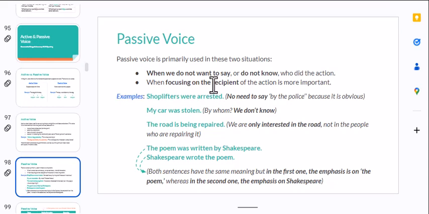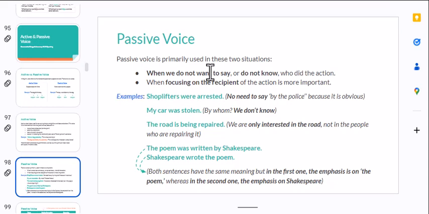The second is when focusing on the receiver of the action is more important. Let's take a look at examples, and this is going to make the idea of the passive voice simpler to understand. So here's our first example.